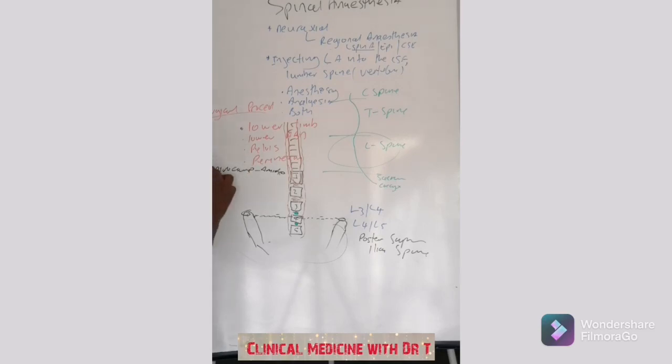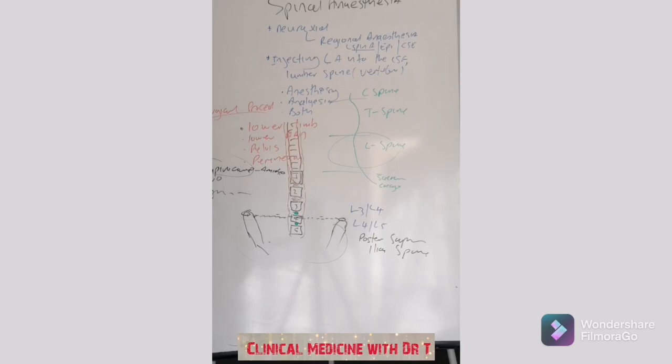But the others, like levobupivacaine and ropivacaine, can also be used, but there's a reason why most people go for bupivacaine. We are going to talk about that later on in the doses and all of that.